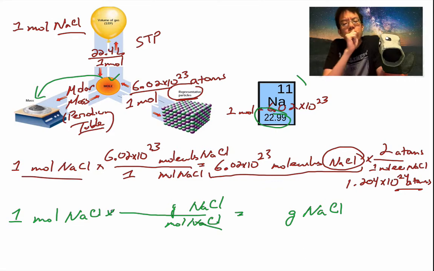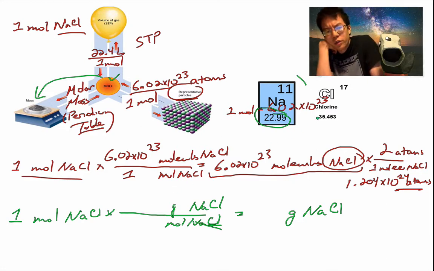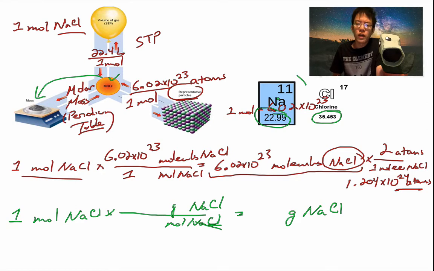But I also need to think about, wait a minute, this is not just Na, it's NaCl, so I need to pull up Cl too, and it's 35.453. So in 1 mole of Na, I've got 22.99 grams. In 1 mole of Cl, I've got 35.453 grams.